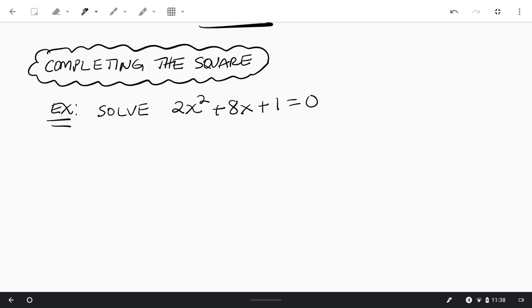So the question is, when we're given a quadratic equation to solve and it's not factorable, how do we solve this? One of the ways to solve this, if it's not factorable, is by completing the square. I'm going to write it down here.